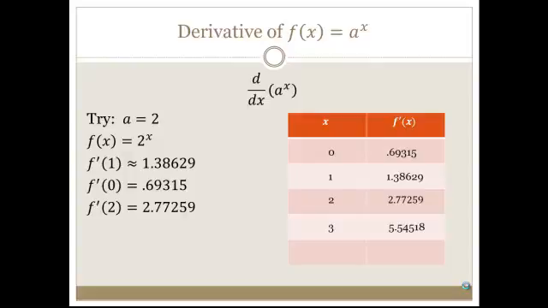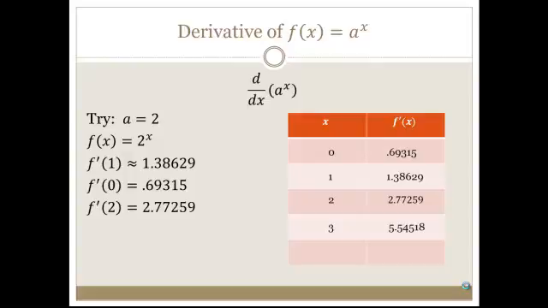Notice that as x increases by 1, our function f prime of x doubles, starting at 0.69315 up to 1.38629. Doubling again, we get 2.77259, and doubling once more, we get 5.54518.